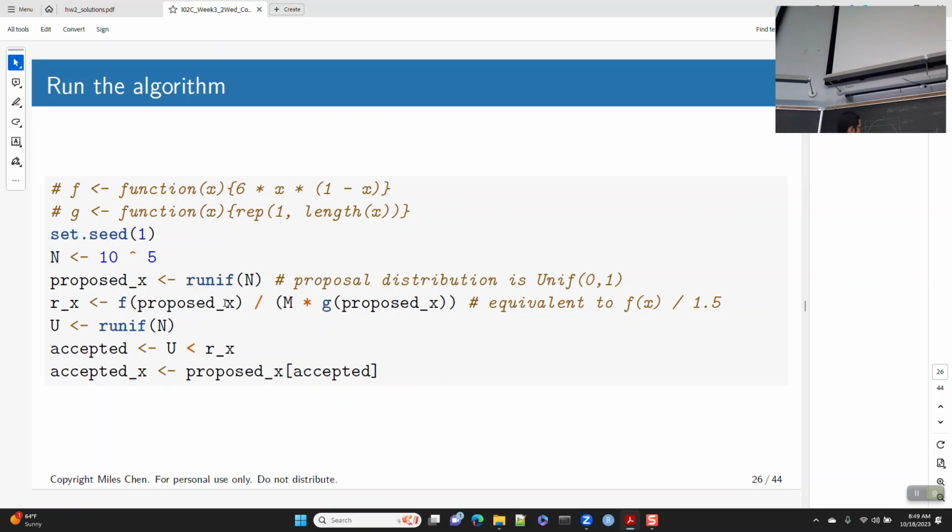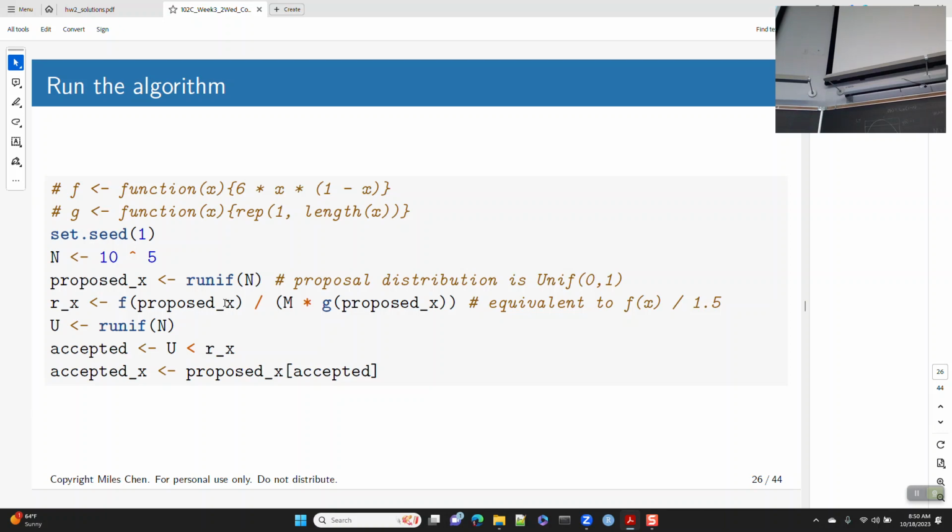But let's say I generate 0.9. We plug in 0.9 here. My f at 0.9 is going to be 6 times 0.9 times 1 minus 0.9, which is 0.1, divided by 1.5.